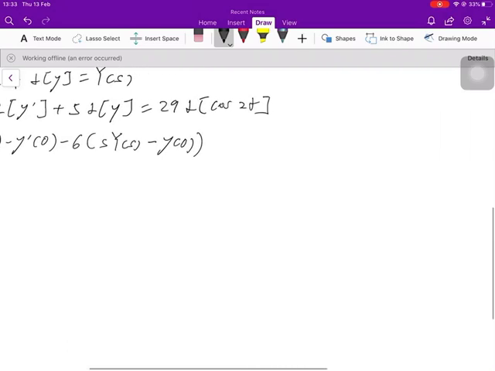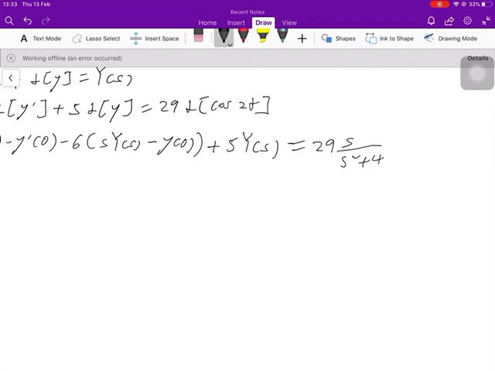Then we have plus the Laplace transform of y, which is Y of s. On the right hand side, the Laplace transform of cosine 2t is equal to s divided by s squared plus 2 squared, which is 4.